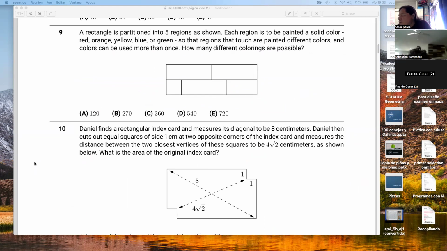Each region is painted a solid color: red, orange, yellow, blue, or green.